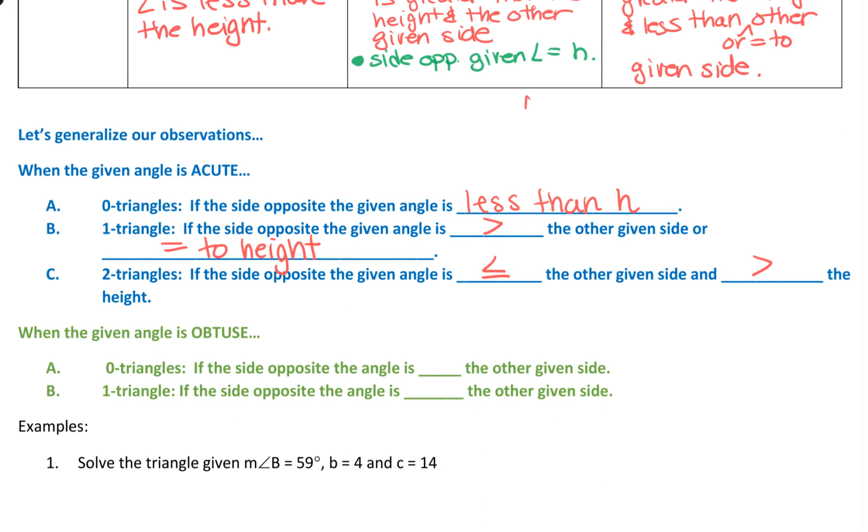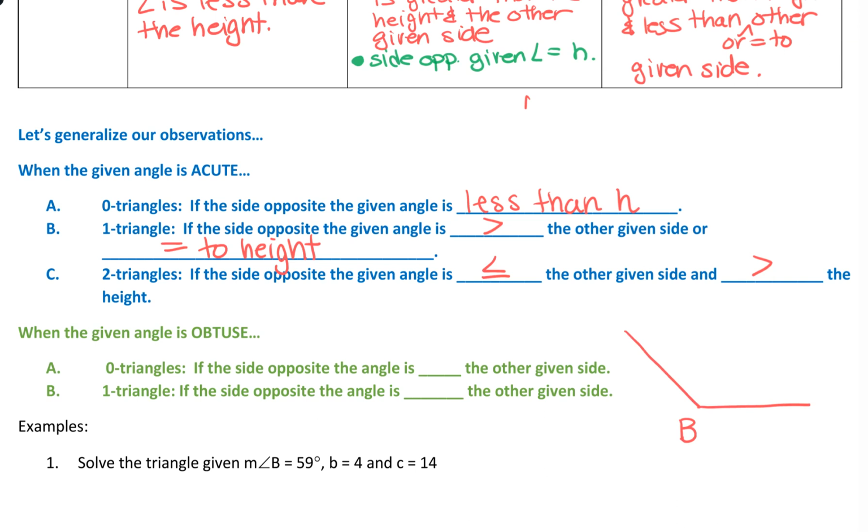Okay, so it's going to be kind of the same situation. Either the side opposite the given angle is going to be long enough, or it's not going to be long enough. So let me sketch an obtuse angle here. It doesn't really matter what it is. We'll call it angle B, some obtuse angle.